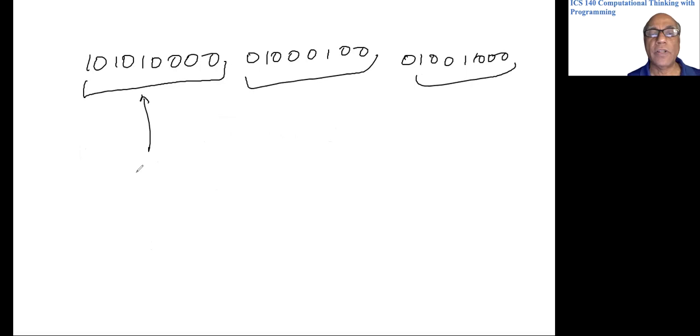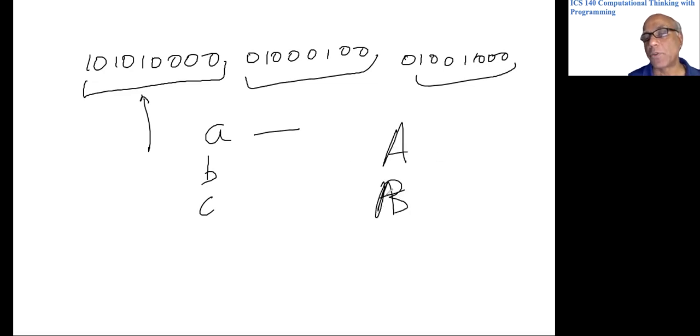So let's say that for every alphabetic character, A, B, C, etc., there is a corresponding number associated. For every uppercase letter, there is a number associated. For every symbol, like the special characters like this, there is a number associated.